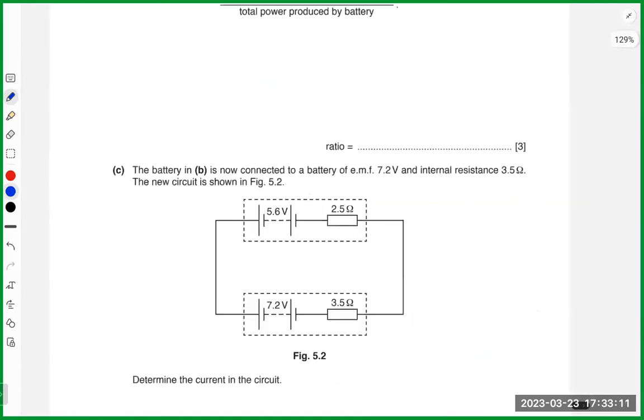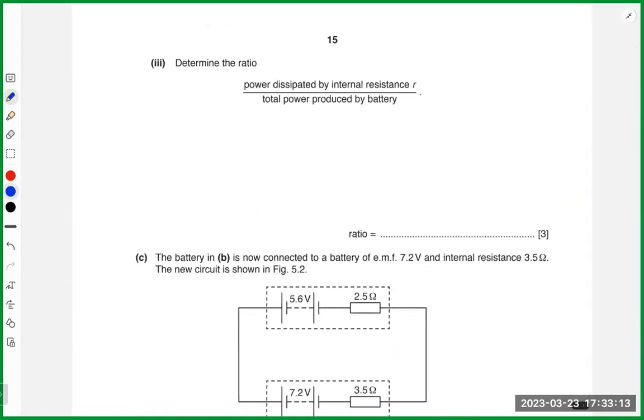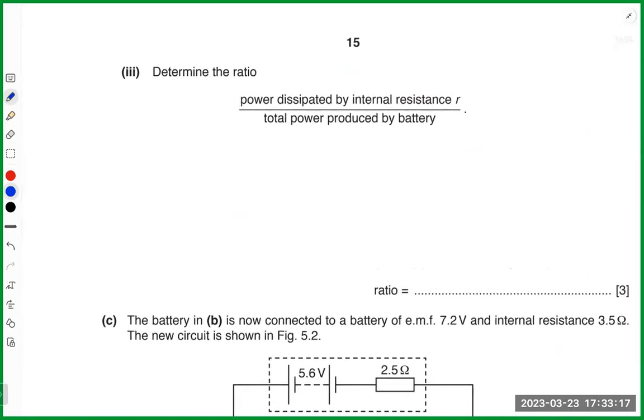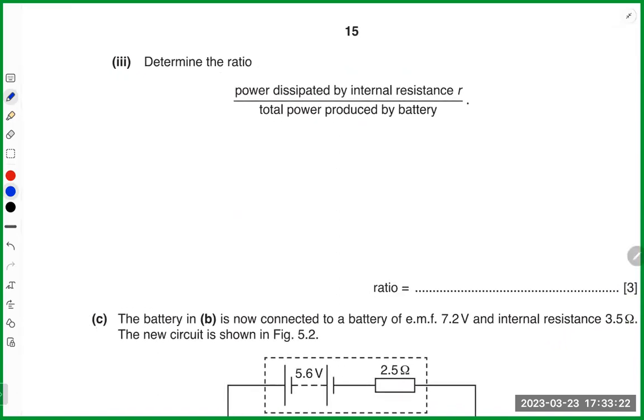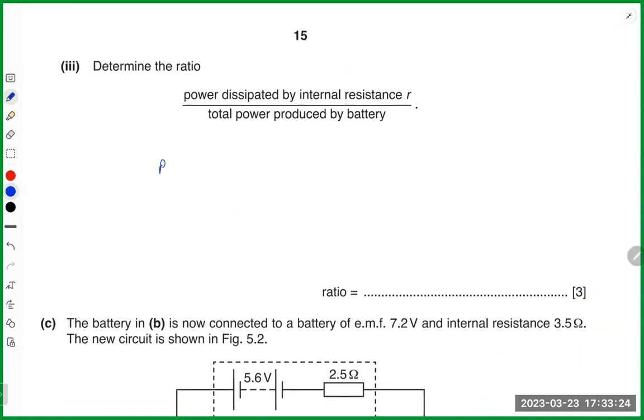Now, determine the ratio of power dissipated by the internal resistance R divided by total power produced by the battery. Now, power equals VI.